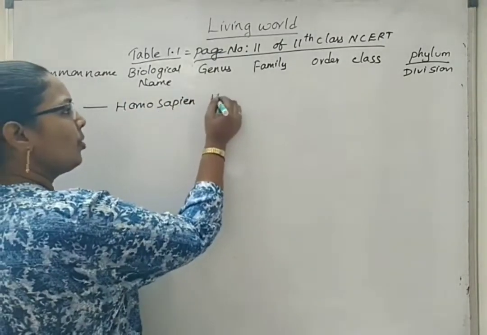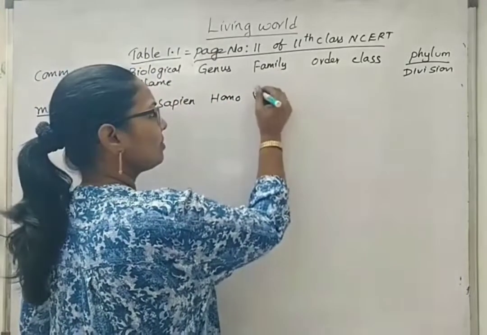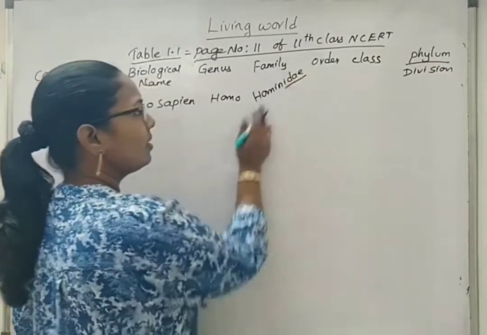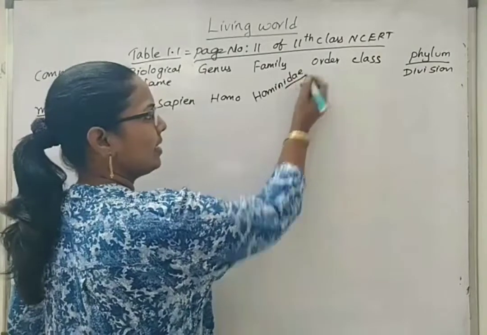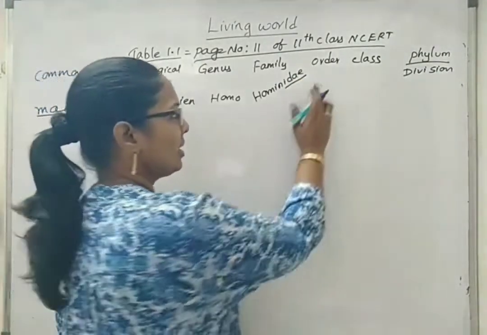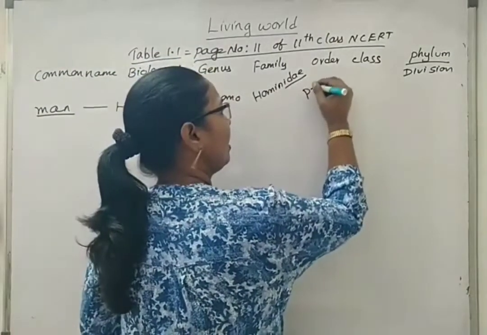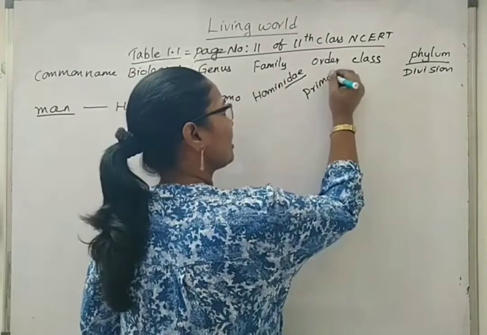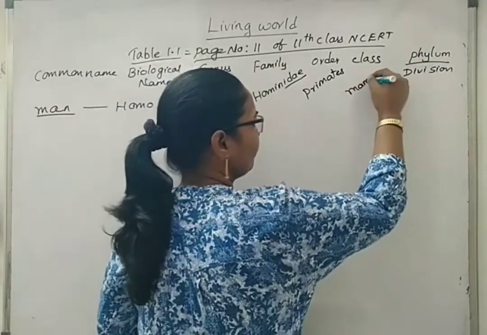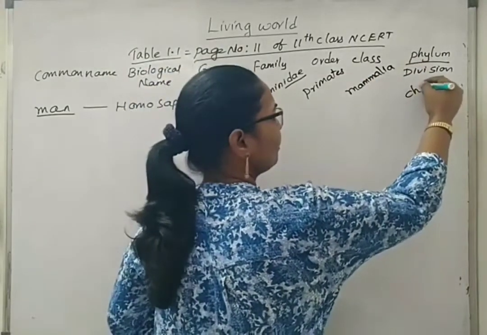So genus is Homo, family name is Hominidae. Here at the end, IDAE. This is particularly important to learn. Next, under what order do human beings come? They are placed under Primates. The class is Mammalia. Division is Chordata.